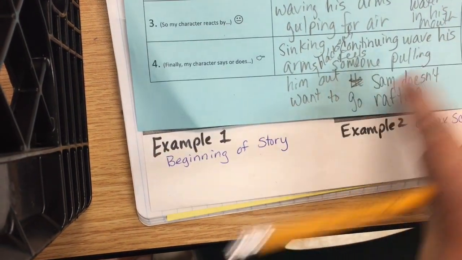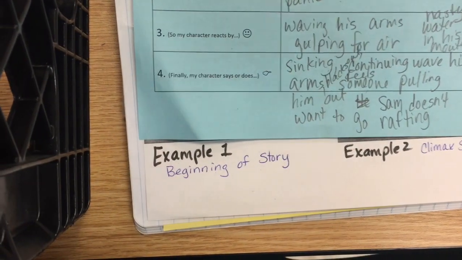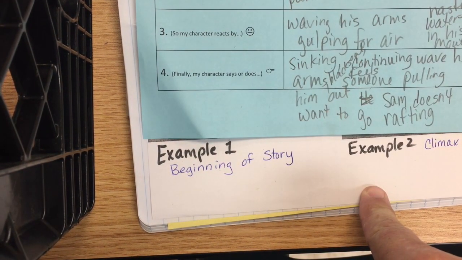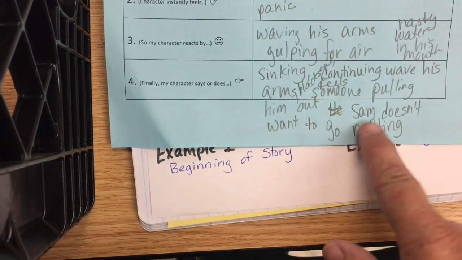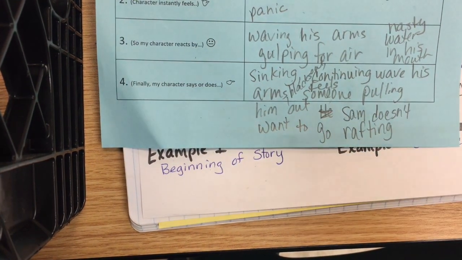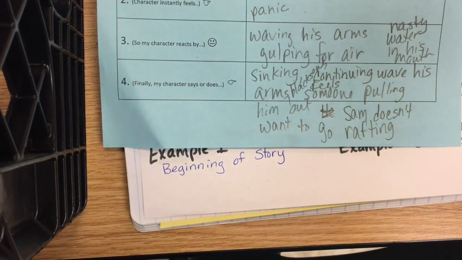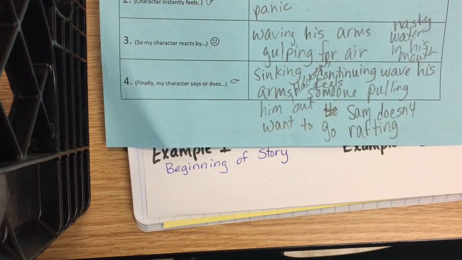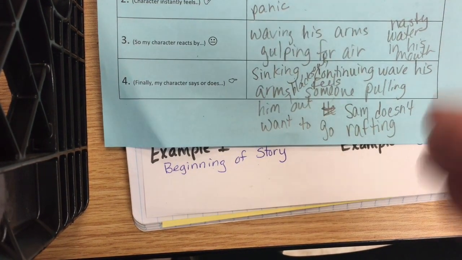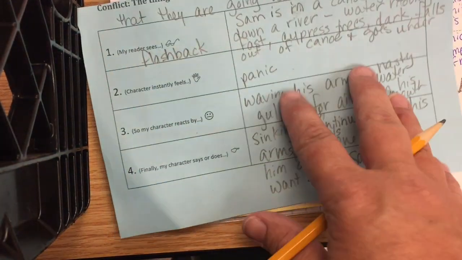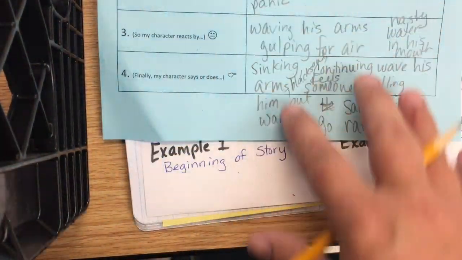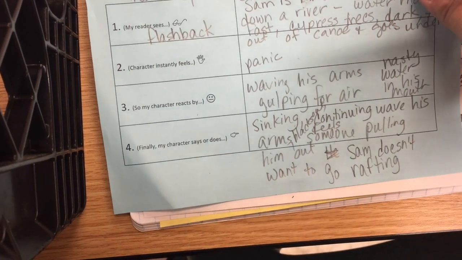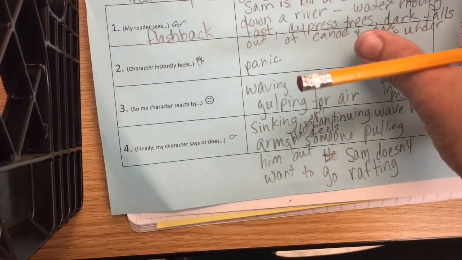Okay, so I have to make that clear to the reader when I come out of the flashback, that we find out that Sam doesn't want to go rafting. Now I can imply that, I can infer that. I don't have to just come right out and say Sam didn't want to go rafting after thinking back about that. Through this flashback, I can imply it as much as possible, and then the reader will figure it out, by the time he's all panicked and everything.